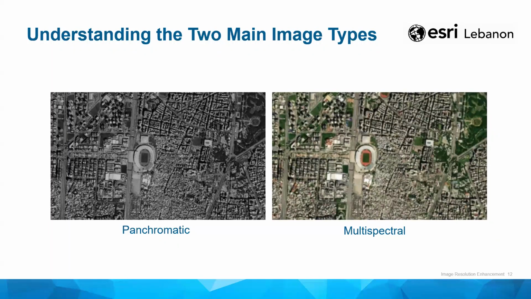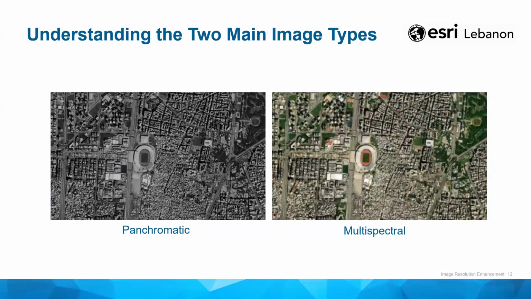It looks like black and white, the one that you can see on the left. The key advantage of the panchromatic is the clarity that it gives. Small features and edges stand out in this image.